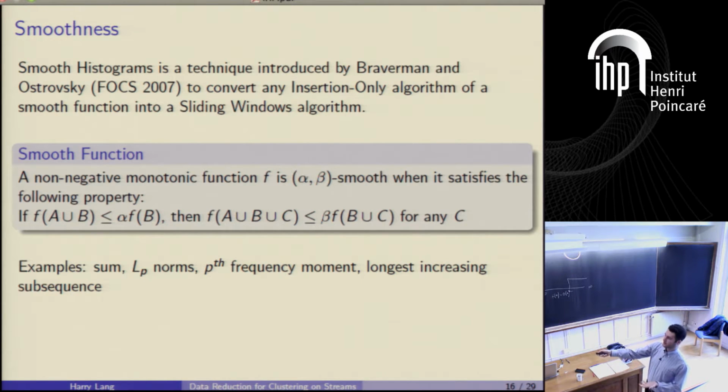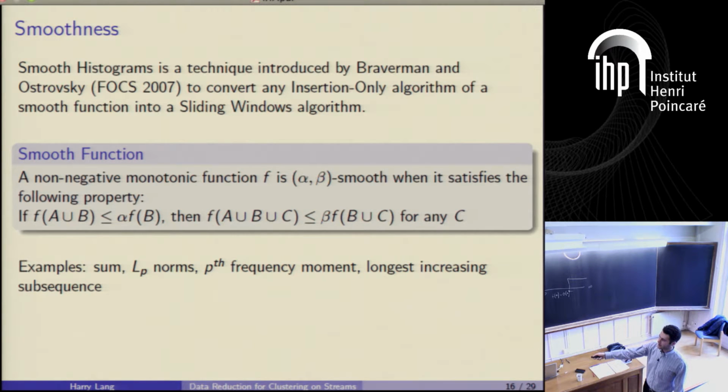I have some non-negative monotonic function f. In our case, f is going to be the OPT. You can consider OPT a non-negative monotonic function because it's always non-negative, it's the minimum cost. And it's monotonic in the sense that if I have one set and then a superset of that, the OPT of the bigger set will always be bigger than OPT of the smaller set. So it has to satisfy this condition.